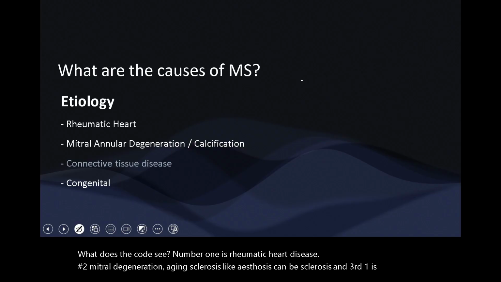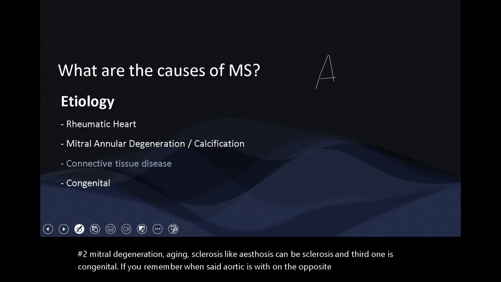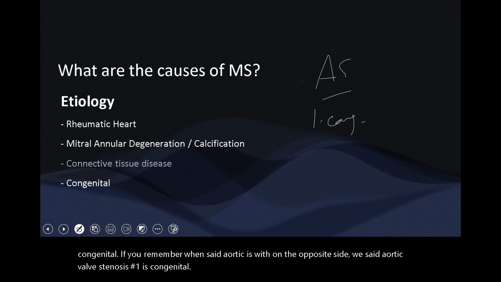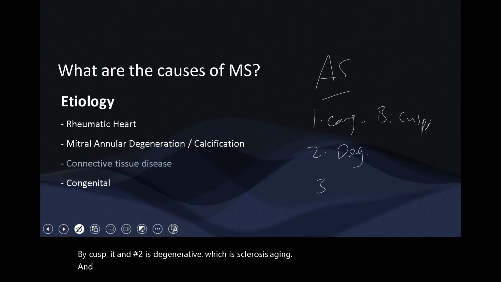If you remember, when we said aortic is on the opposite side, we said aortic valve stenosis: number 1 is congenital, which is bicuspid, number 2 is degenerative, which is sclerosis, aging, and calcification, and number 3 we put rheumatic heart disease.